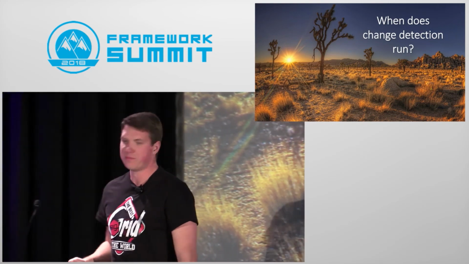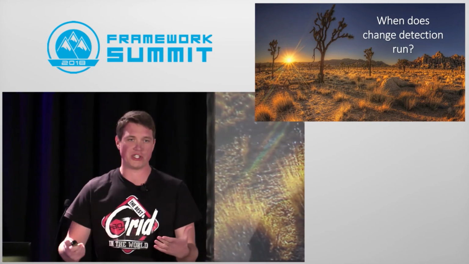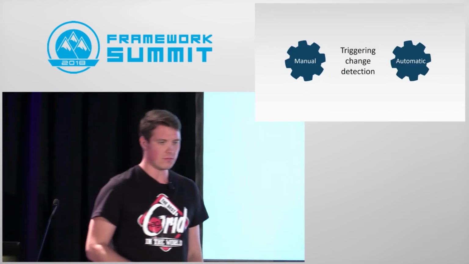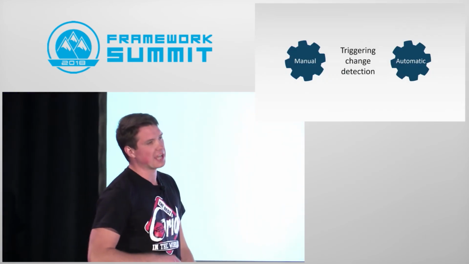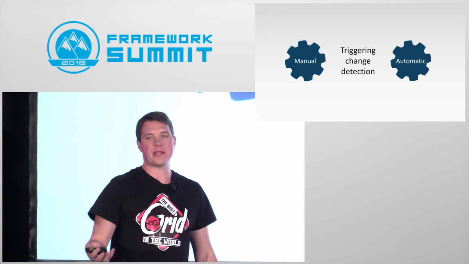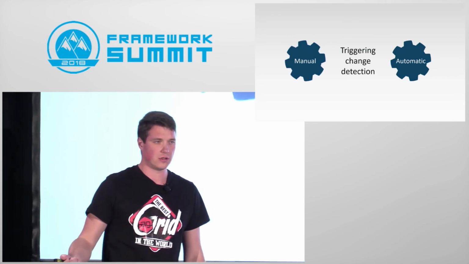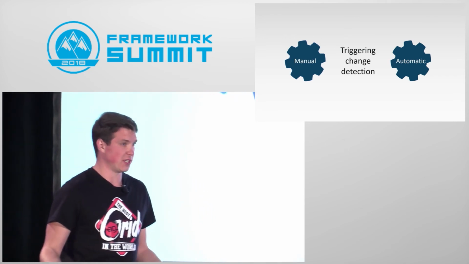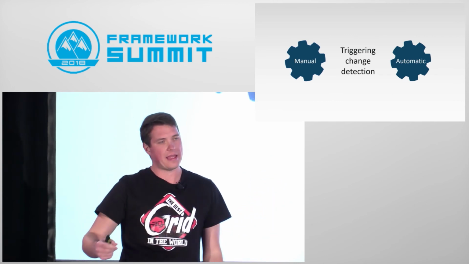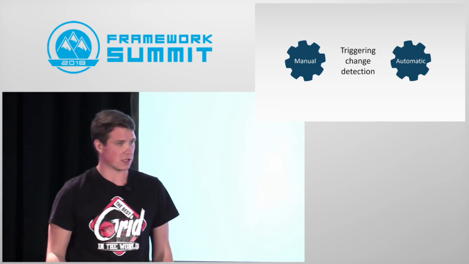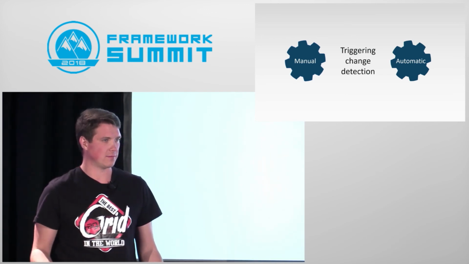And if you think about it, there can be two ways to initiate change detection. Well, the first way is to explicitly tell the framework that something has changed, or there's a possibility that something has changed in the state, right? And so the framework needs to run change detection. It's a manual way.